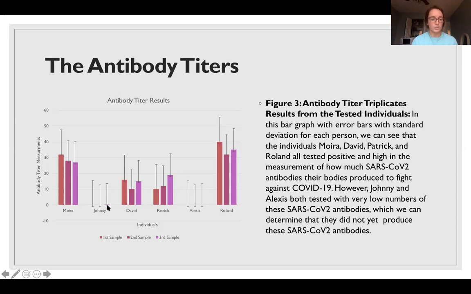We can see here that Johnny has a little bit shown, but Alexis doesn't have any. So if Johnny already tested positive for the RT-PCR, then he did have the coronavirus, but maybe his antibodies haven't shown up yet because he's recently fighting it and is not far along in his fight.